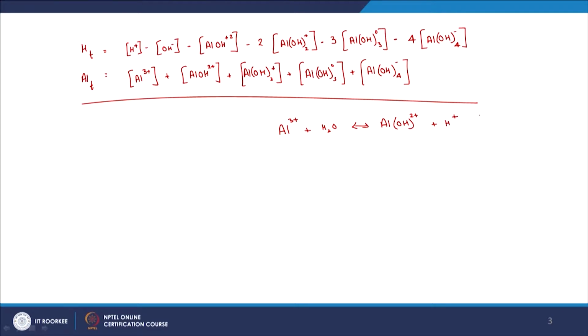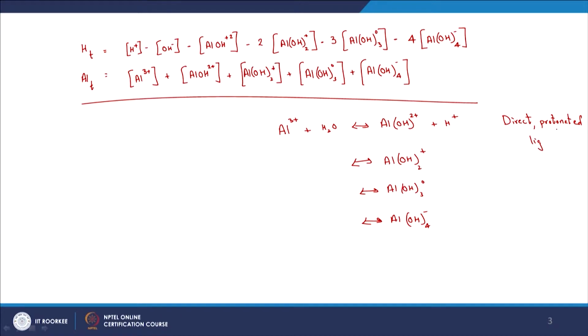I'm also forming the other complexes, which I will list here. These are the 4 complexes that I am trying to form based on my direct and protonated ligand.